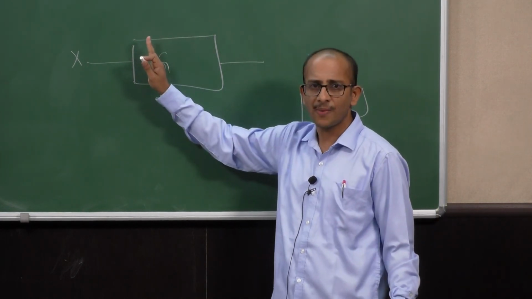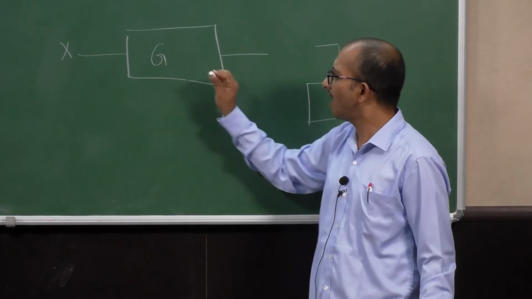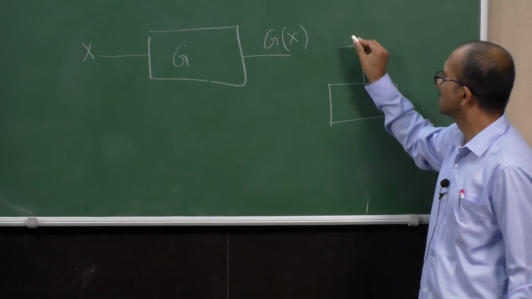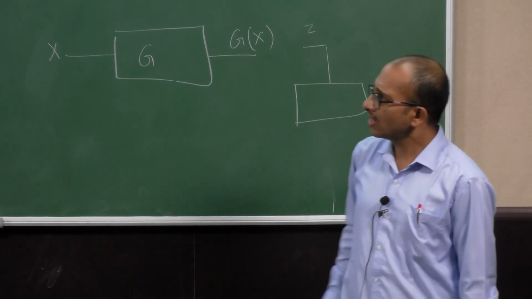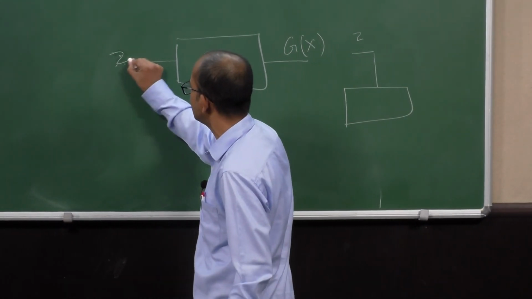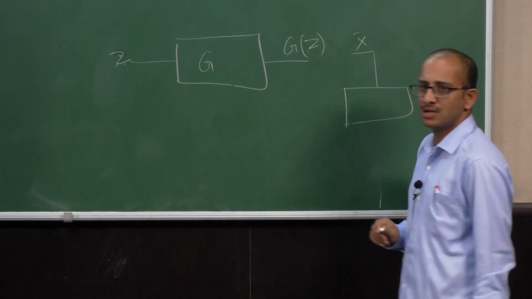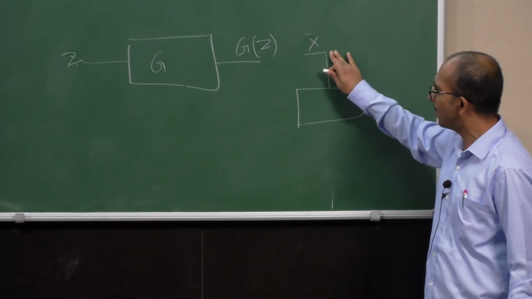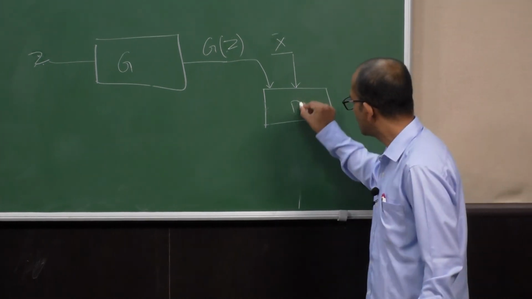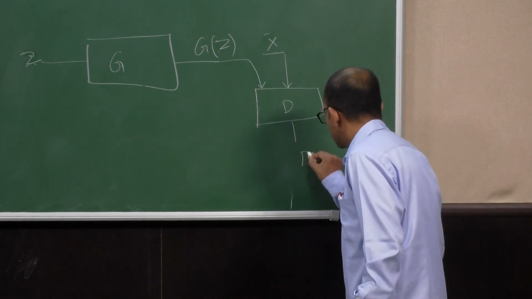After passing the input random noise through this G, what I get is G of Z. This G of Z may or may not match the real sample I have. To be in line with that notation, Z is the input noise sample, G of Z is the output, and X is the real sample. So the discriminator has the real sample and also this generated input. Both of them are taken as input to the discriminator. Since the discriminator can compare both of them, what it computes is D of G of Z.